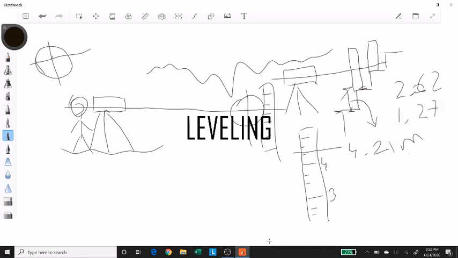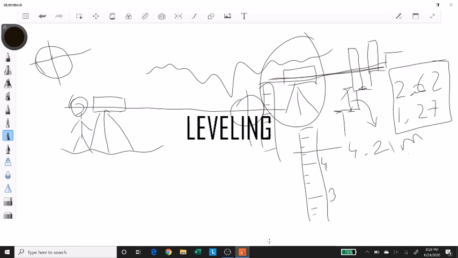1.27. Now this is where you can gain some perspective and find the difference between two elevations. Since your instrument has the same location, it has the same line of sight, which doesn't change for the two observations you just made. What changed was the location of your leveling staff.